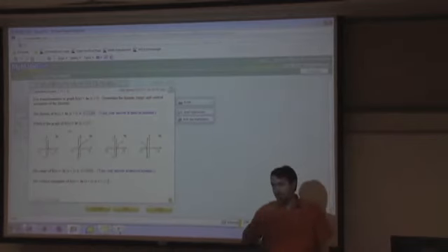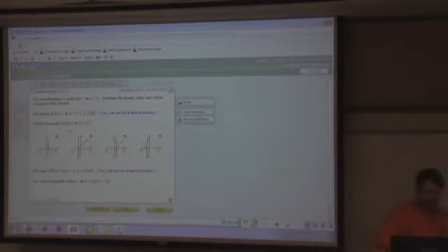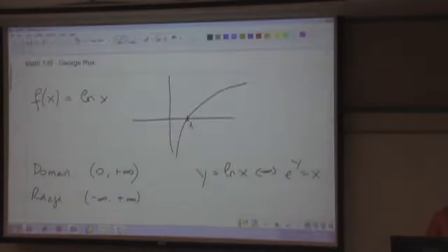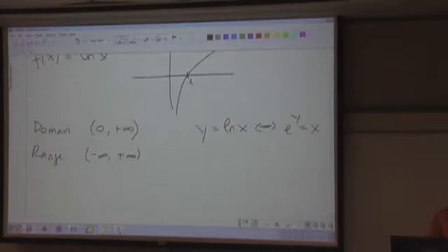Close. Let me write it here. For D, 16D would be y equals ln of -x minus 2.